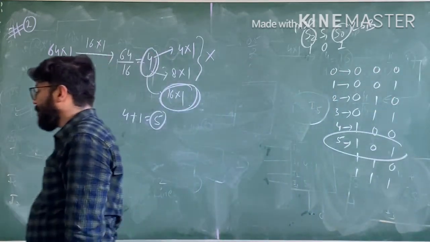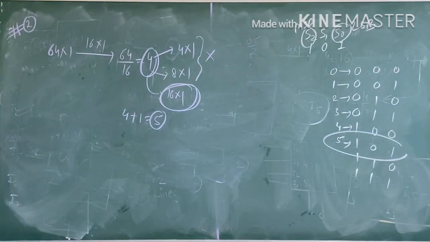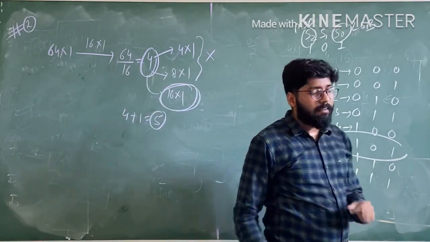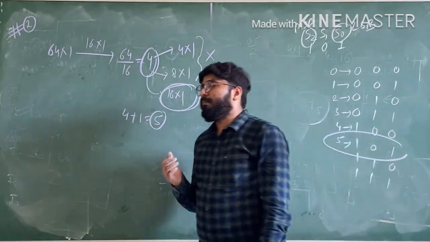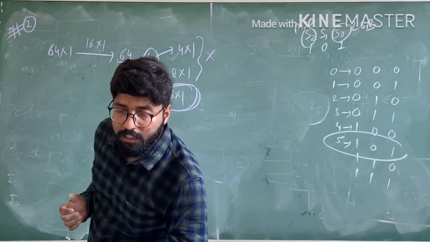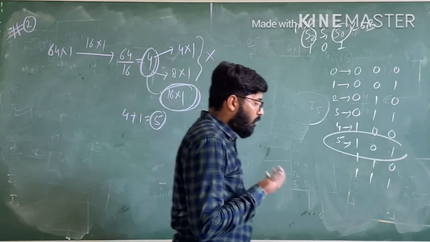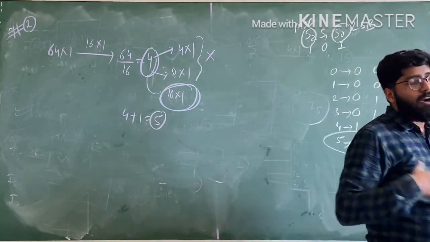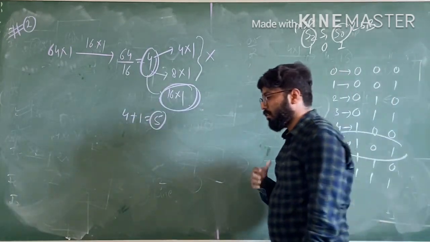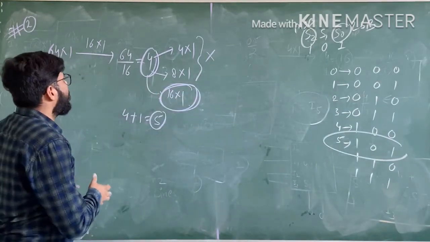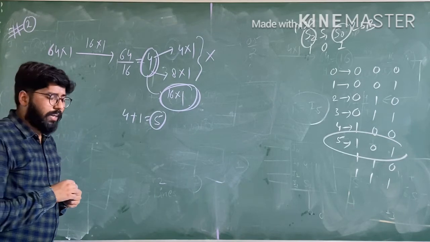Now in the next video of this topic I will discuss the multiplexer implementation with the help of XOR gate, XNOR gate, AND gate, OR gate, or any type of logic gate that we have to design with the help of a multiplexer.